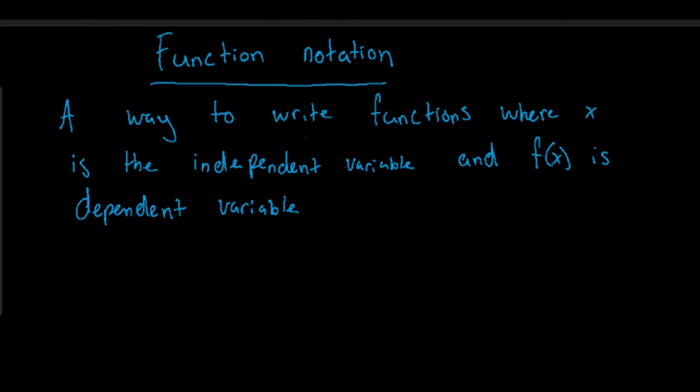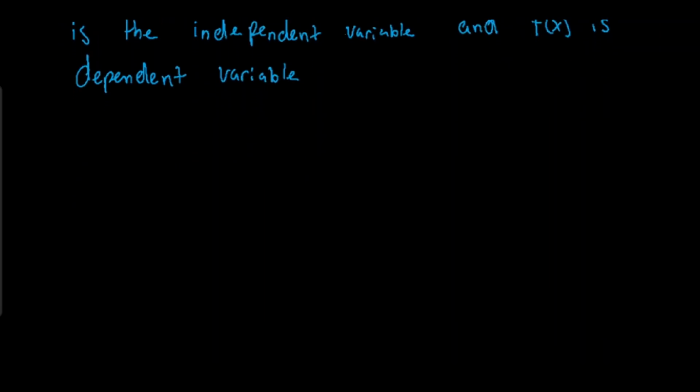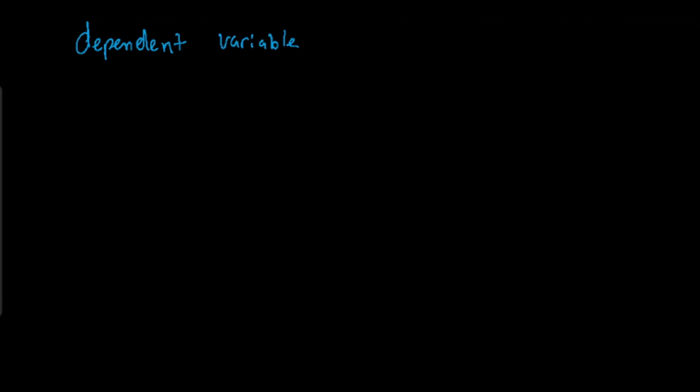An independent variable is a variable that does not rely on something. Let's say a child, for example. A child depends on its parents.